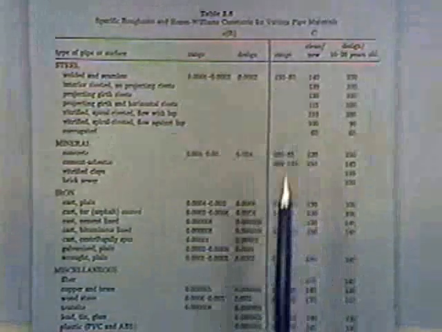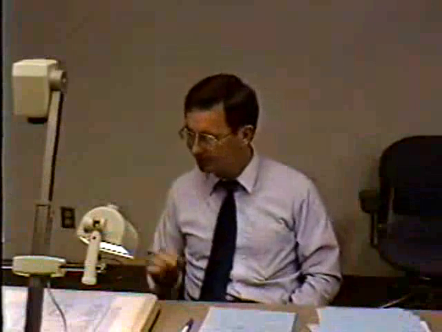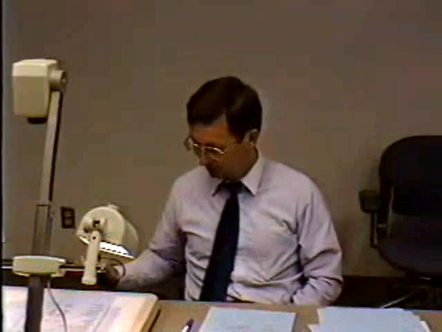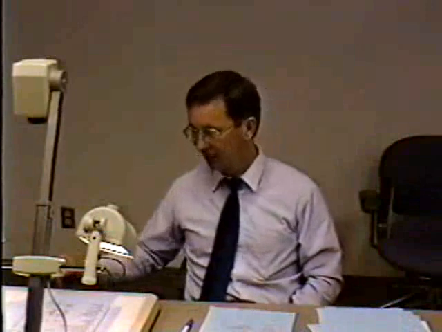And it gives ranges, clean or new pipe, older pipe, and so you can make estimates from empirical data. You'd rather do calibration studies in the field for engineering applications, but you make these estimates, and of course, taking an exam, you'll come to this type of table and make an estimate of an appropriate roughness coefficient.